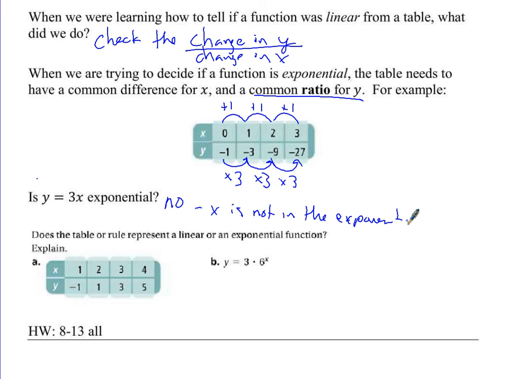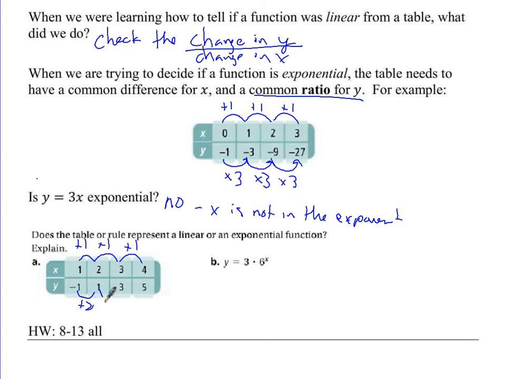Does the table or rule represent a linear or exponential function? So let's take a look at A. First of all, our change in x is adding 1 each time, so that's good. What about the change in y? What are we doing each time? We're what? Yeah, we're adding 2 each time.